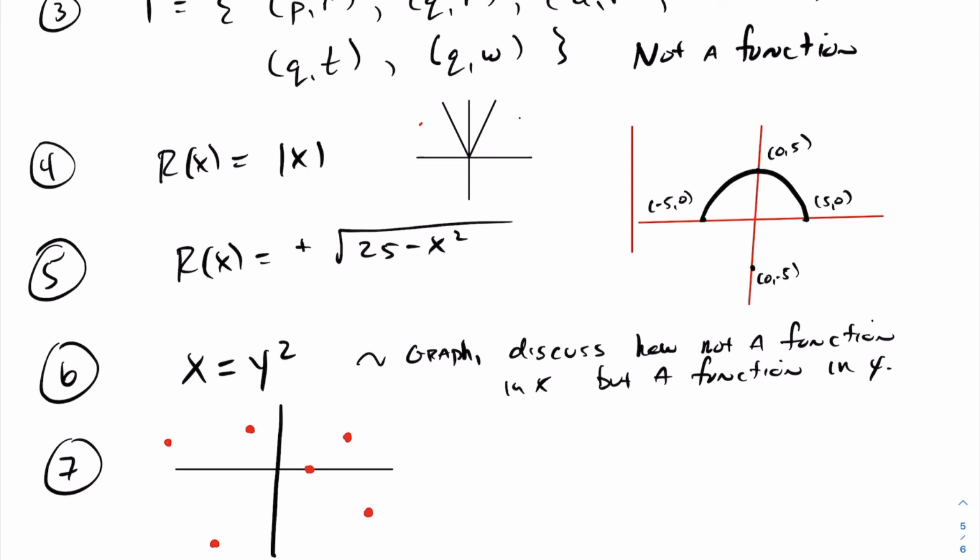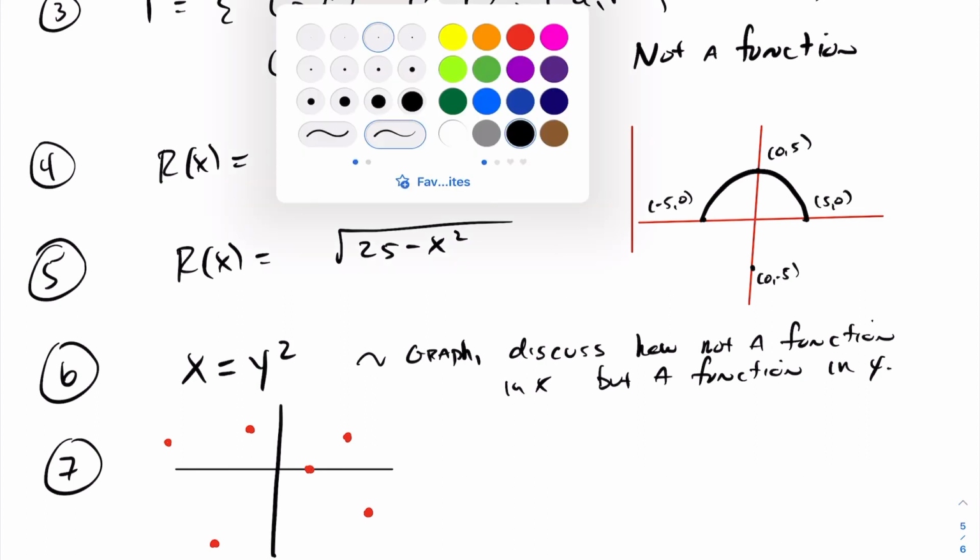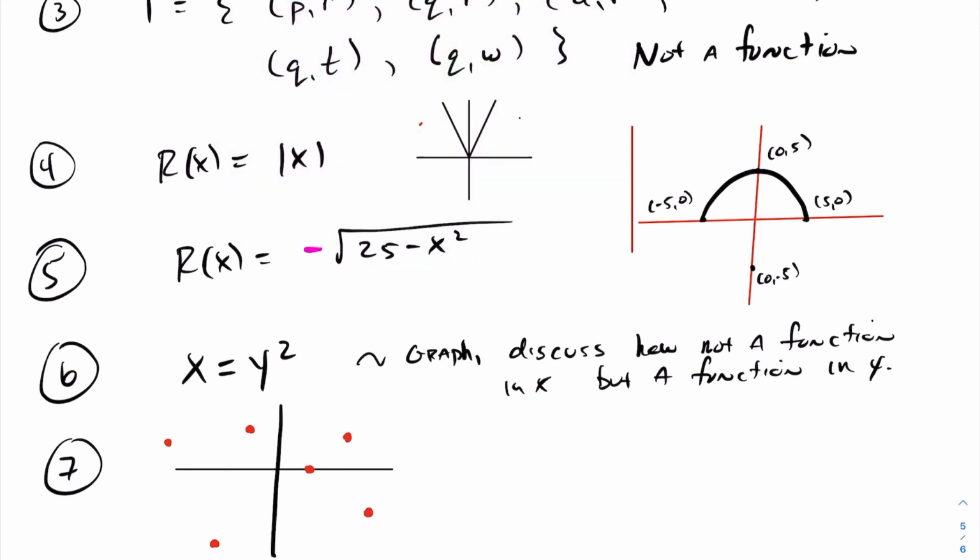Likewise, if we were to delete the plus and put a minus there and go below, you would see that the bottom half is a function, as the top half would be gone now. But with the plus or minus present, this is not a function. It is a relation, but it is not a function.